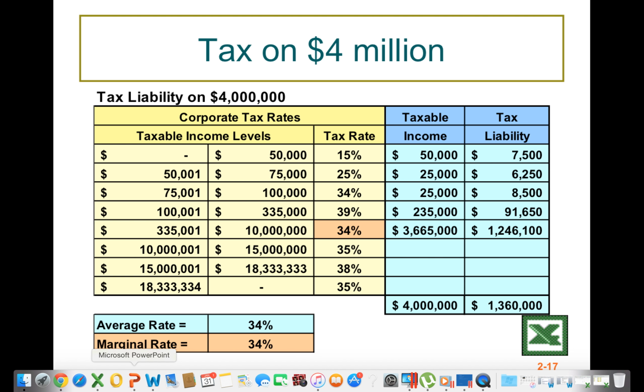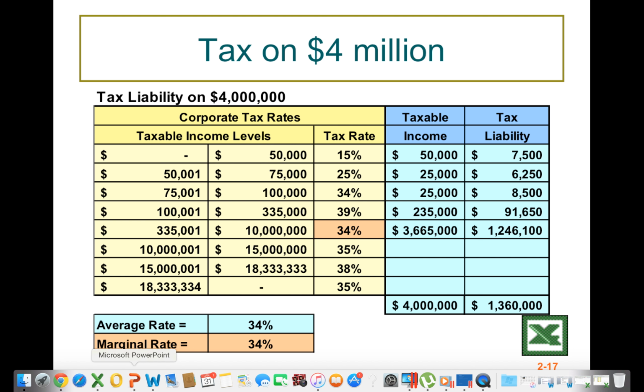Tax liability to start things out. Well, the first thing we would do is we take our $50,000 in taxable income. So we said it was $4 million, right? So of course, that first $50,000 is going to be taxed at a 15% tax rate.